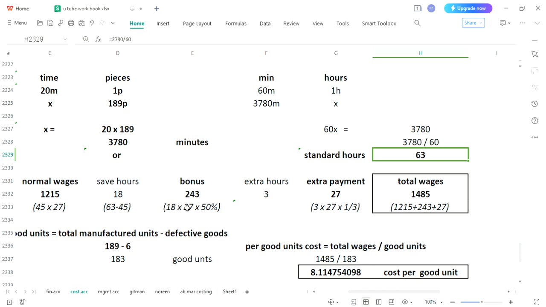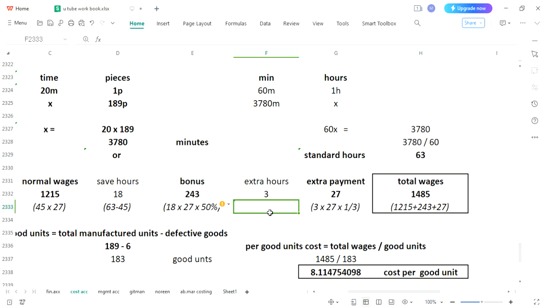For every 18 hours saved, we will give 50% as bonus. 27 is the per hour rate, 18 hours multiplied by the per hour rate gives the total amount, and 50% would be given as the bonus. Extra hours are given to the person who works more than the given hours. Given hours were 42 and he worked for 45 hours.